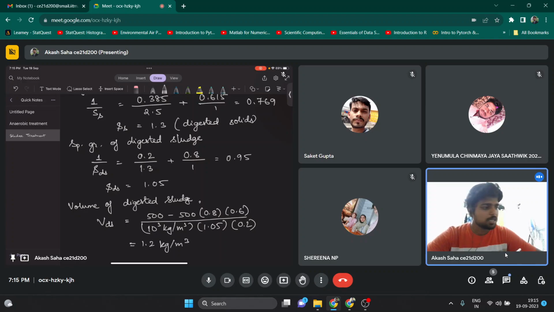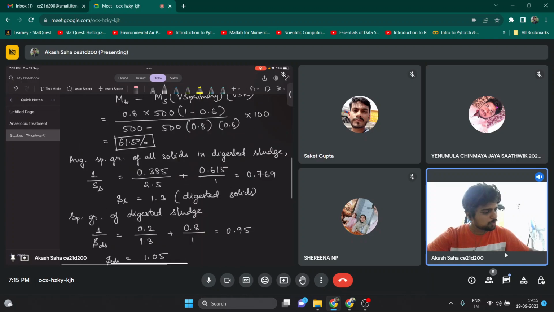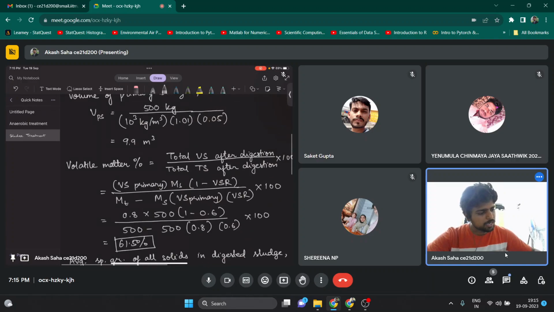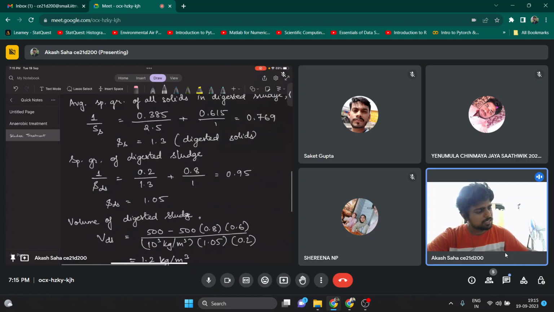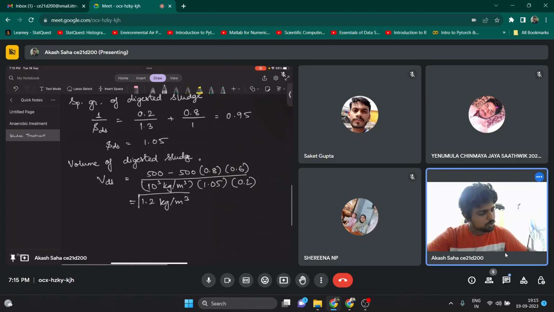We have seen that my earlier volume was 9.9 meter cube. After digestion and dewatering, my volume is 1.2. So there is a huge change in the volume of the sludge. We'll see the volume reduction percentage, because that is what's asked in the question.